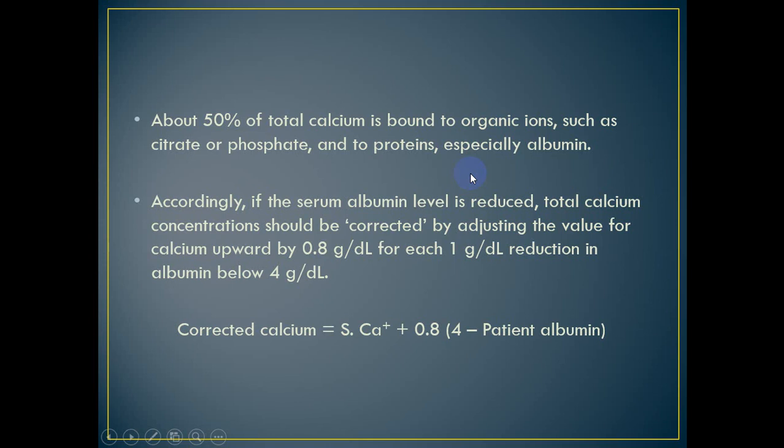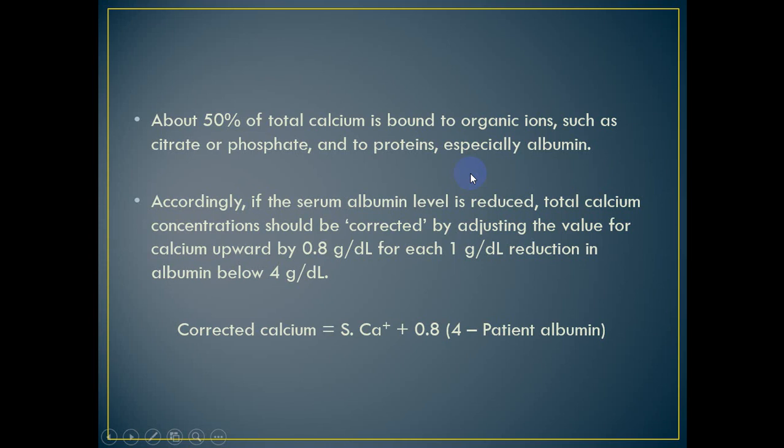This is bound calcium, it is physiologically inactive. While the other half is non-bound or free calcium, called ionized calcium. This is the active part of calcium. This is what the parathyroid gland detects and responds to.